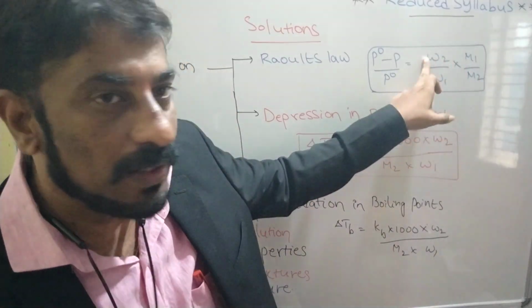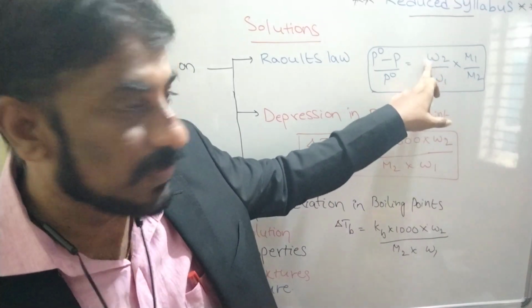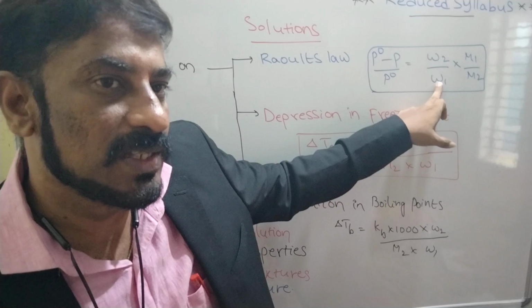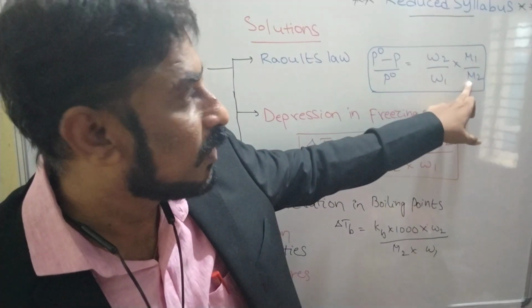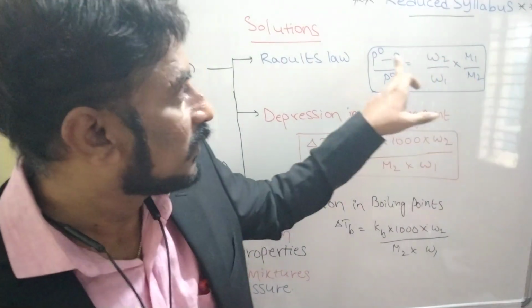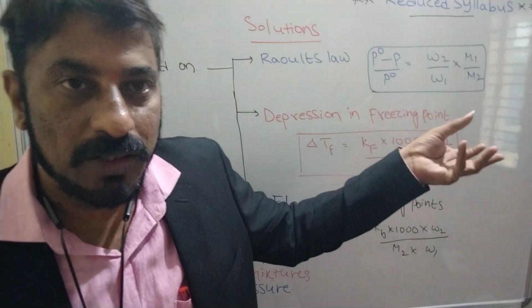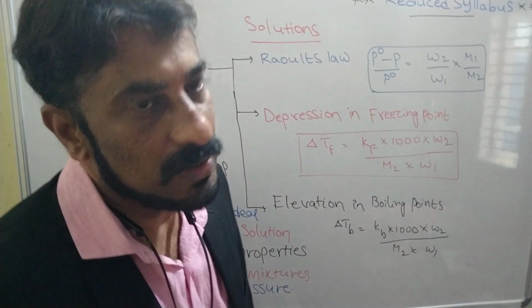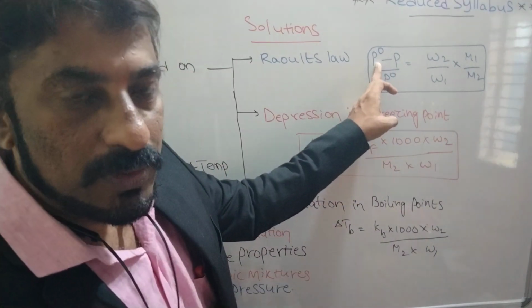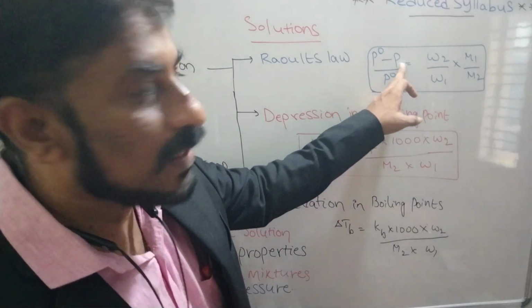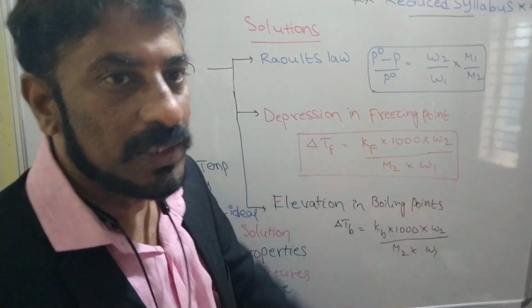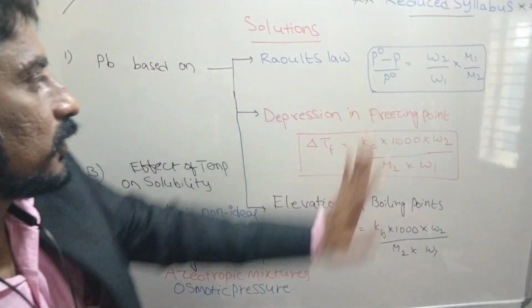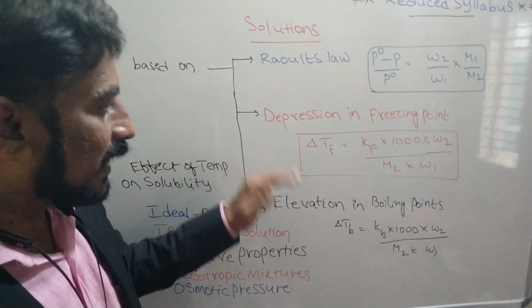P0 is the vapor pressure of the pure solvent and P is the vapor pressure of the solution having a non-volatile solute.